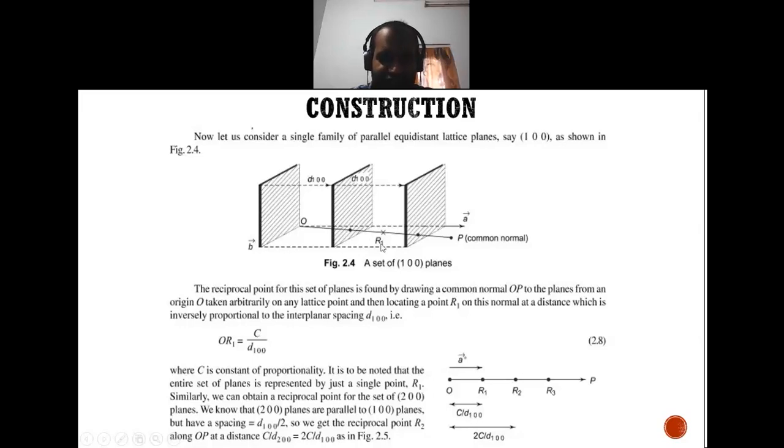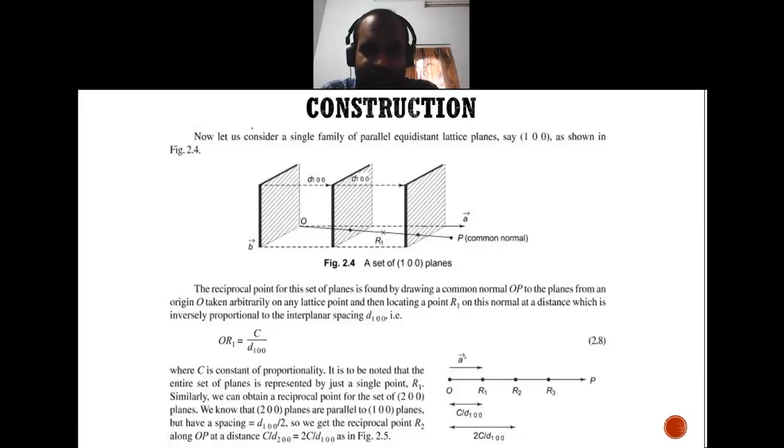So this distance OR1 is expressed in terms of the reciprocal of the interplanar spacing. R1 represents a set of planes, and similarly we can represent on this particular normal various sets of other planes.